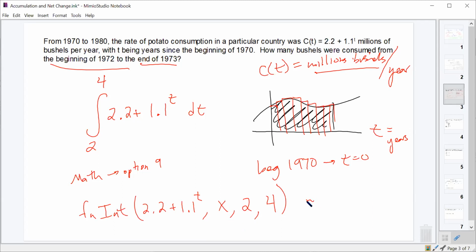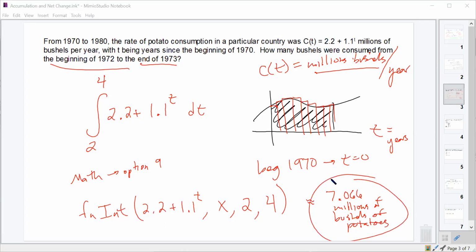Okay, thank you. And what do you guys get when you do that? 7.066. 7.066 millions of bushels of potatoes. Perfect. And make sure you always attach your units to it.